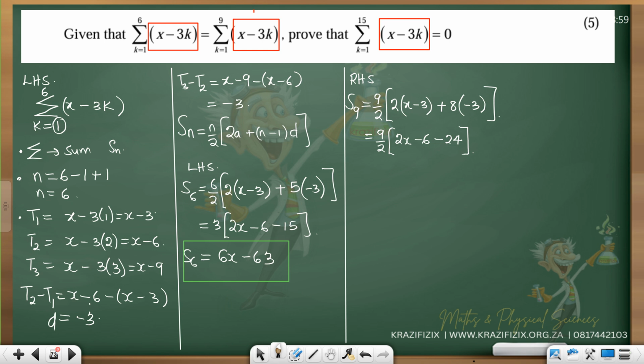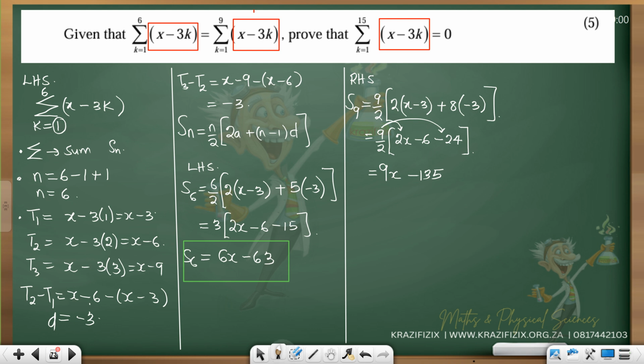Now, if you simplify this by multiplying, the 2 here would cancel, giving me 9x. Minus 30 divided by 2 would give me negative 15, and times 9 would give us 135. All right, that's my right hand side.